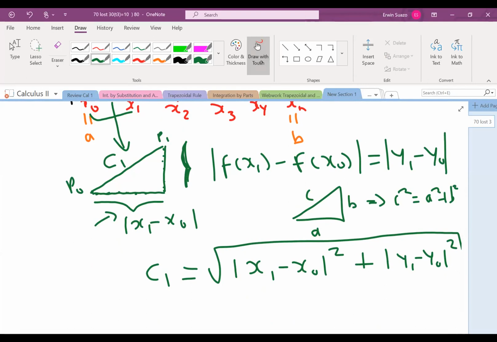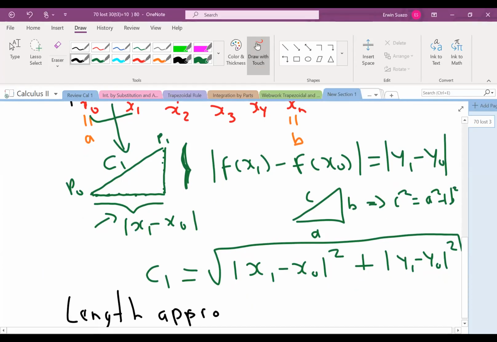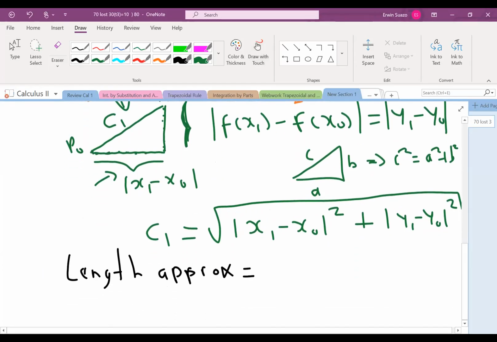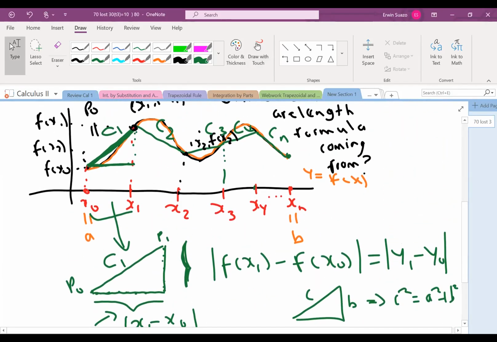So my length approximation is C1 plus C2 plus C3 plus Cn, correct? That's what I'm saying here.